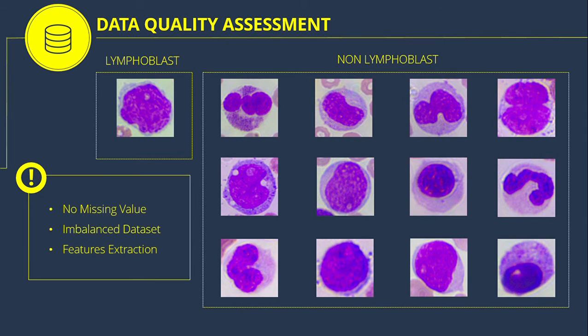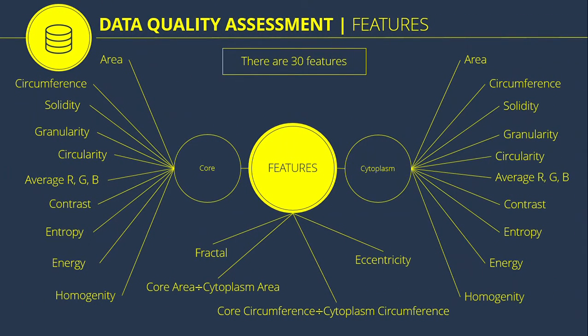This dataset has no missing values, but the class is imbalanced, and I also extract the image data into various kinds of features that consist of area, circumference, solidity, granularity, circularity, average RGB, contrast, entropy, energy, homogeneity, fractal eccentricity, core area divided by cytoplasm area, core circumference divided by cytoplasm circumference.